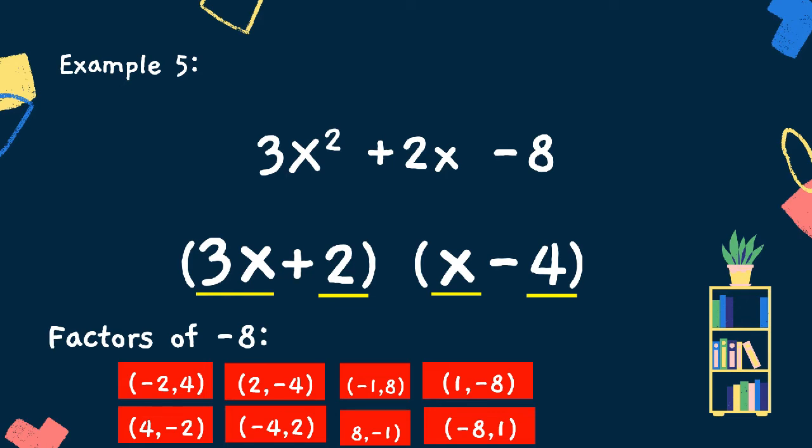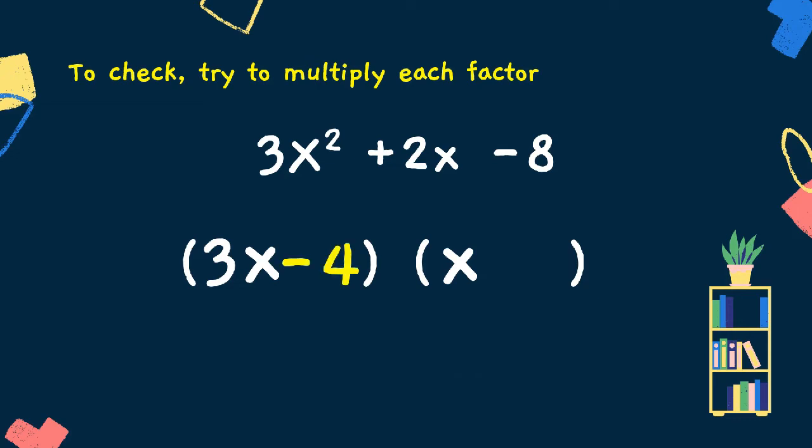Therefore, positive 2 and negative 4 are not the factors that we are looking for. So we will try this time the factors negative 4 and positive 2. Again, this will test your patience. This is trial and error until such time we determine the real factors of the given polynomial.